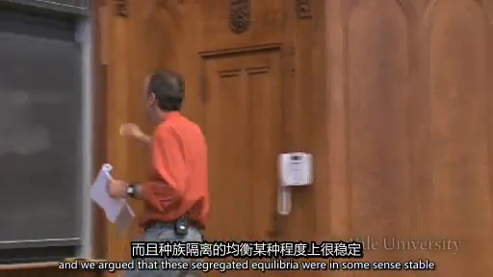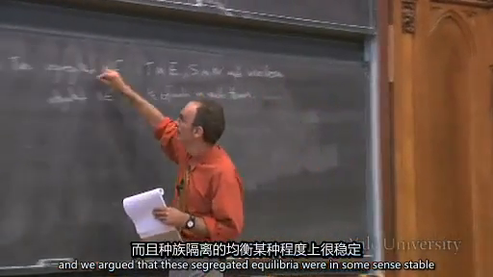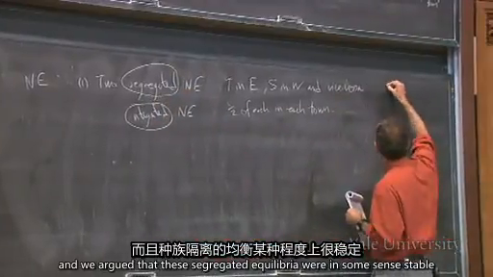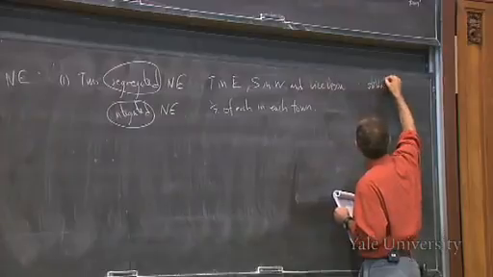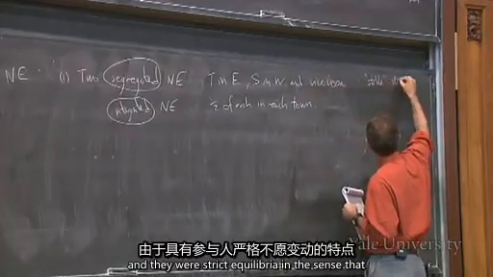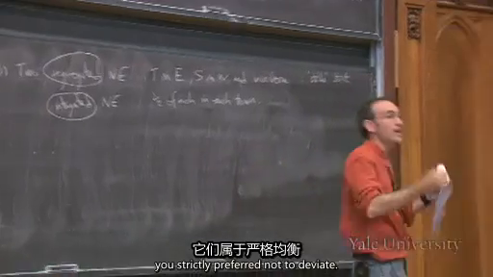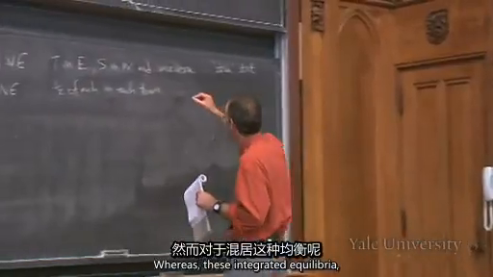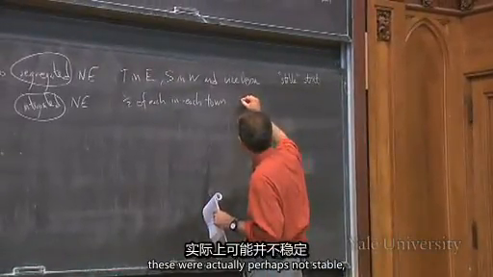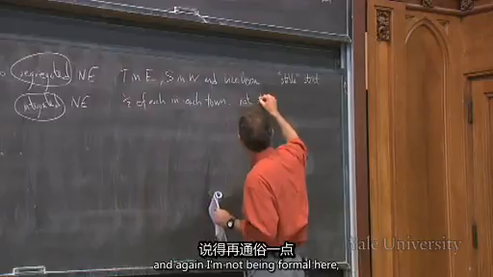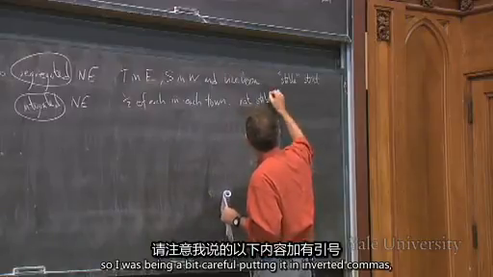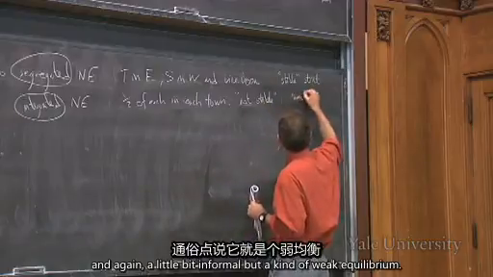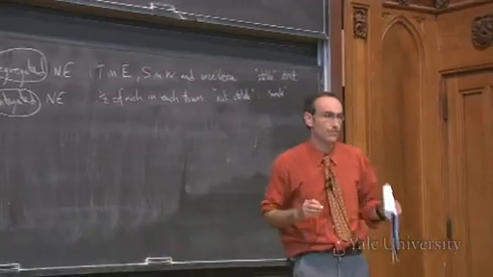And we argued that these segregated equilibria were in some sense stable, and they were strict equilibria in the sense that you strictly preferred not to deviate. Whereas these integrated equilibria were actually perhaps not stable, and again, I'm not being formal here, so I have to be careful, put it in inverted commas. And again, a little bit informal, they're kind of weak equilibria.